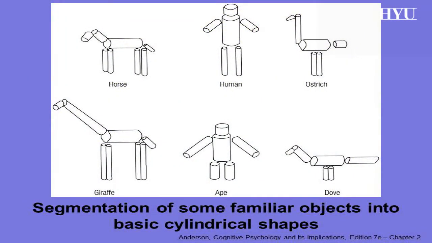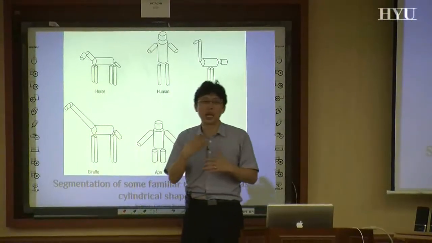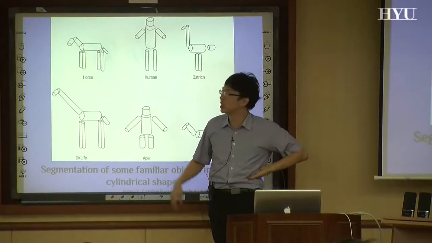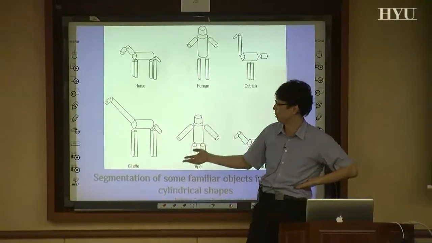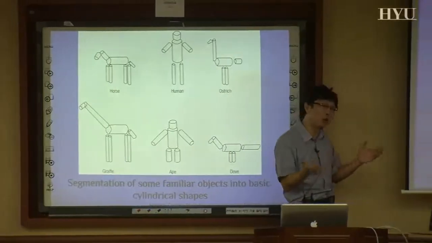The point is, every 3D object can be represented with many different types of geons, like components. Okay, horse, human, ostrich, giraffe, ape, and dog, like that. Humans can recognize this one as a giraffe using the shape of the components, the geons. Of course, this is added to the colors or patterns of the animal, like a giraffe has lots of dots.